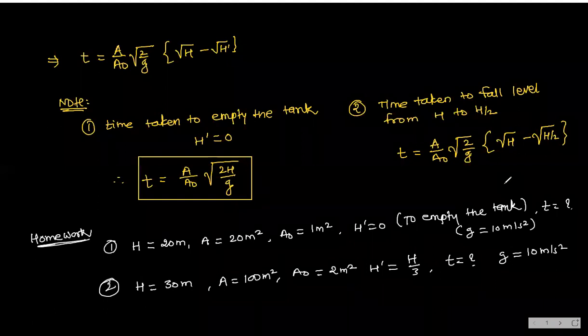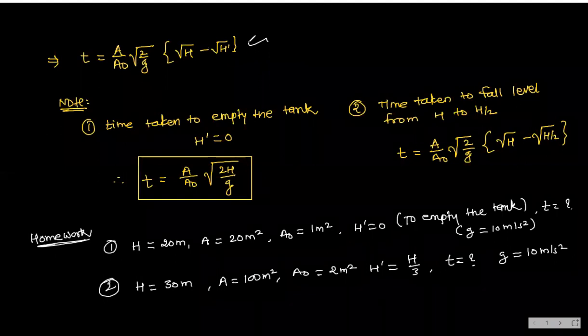Got it? Can you do it? Yes, sir. Just in this formula only you have to substitute. H by 3 means 30 by 3. You will get 10. Do it yourself and send me the answers.